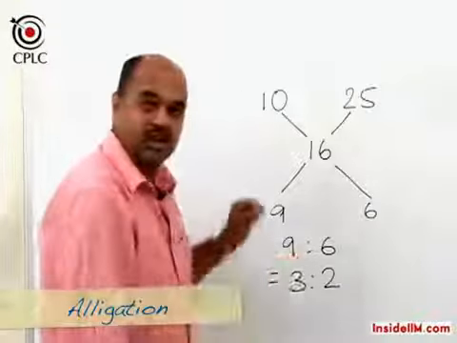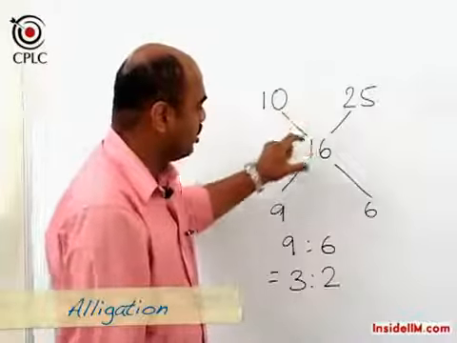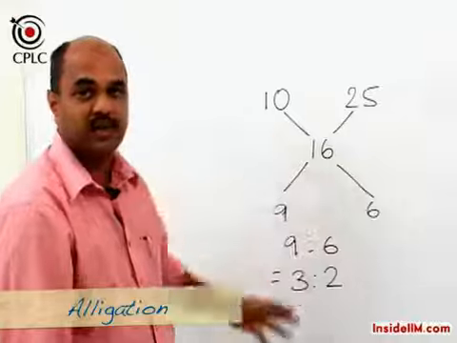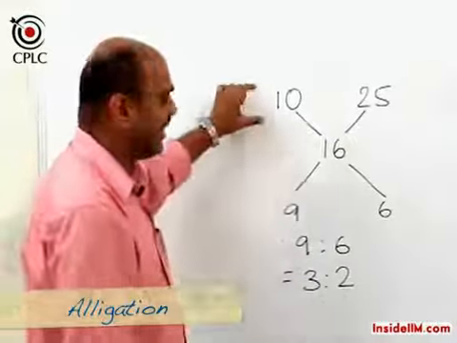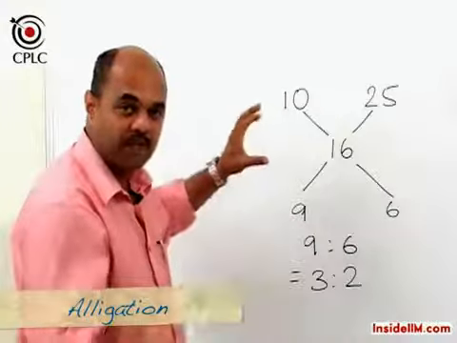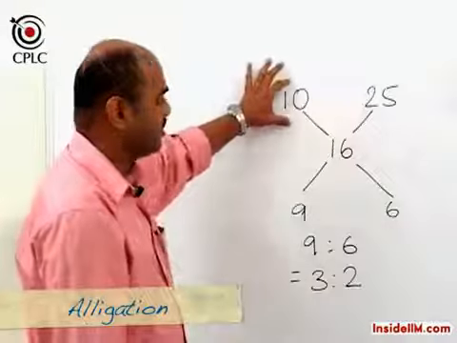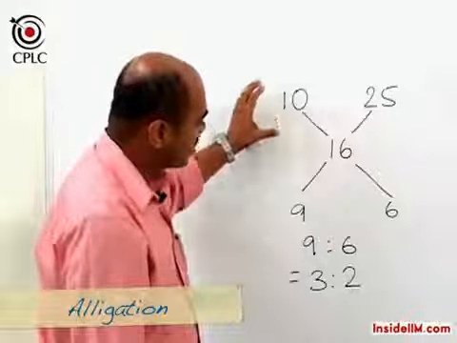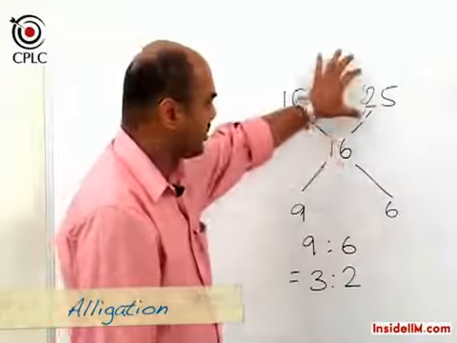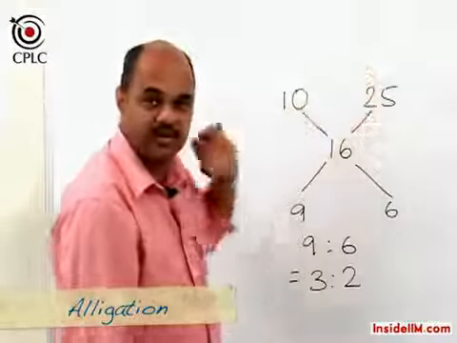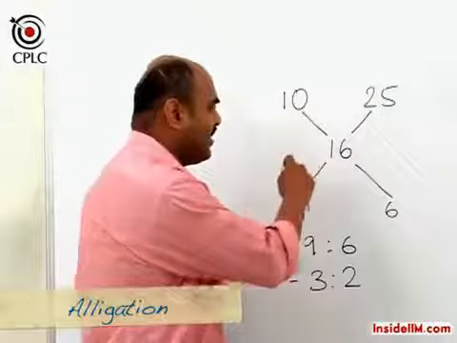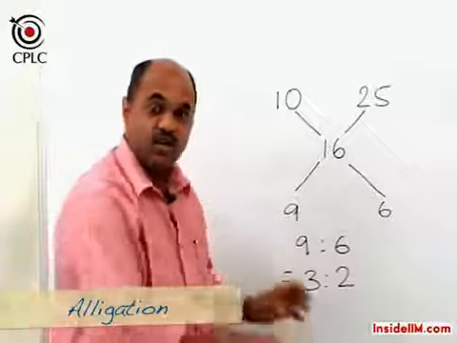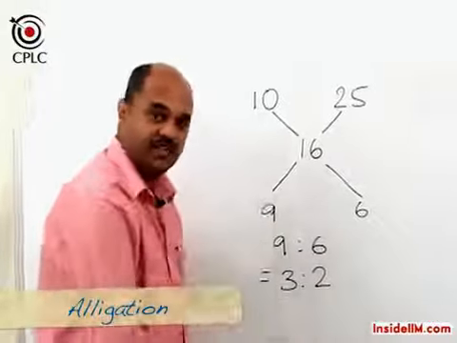For example, if these 3 were to reflect the percentage return on an investment made. So suppose I say I have a certain amount of money invested such that it gives me a 10% return, and a certain other amount which is invested such that it gives me a 25% return, and the average of these two together is 16%, then what would be the ratio of the investments?